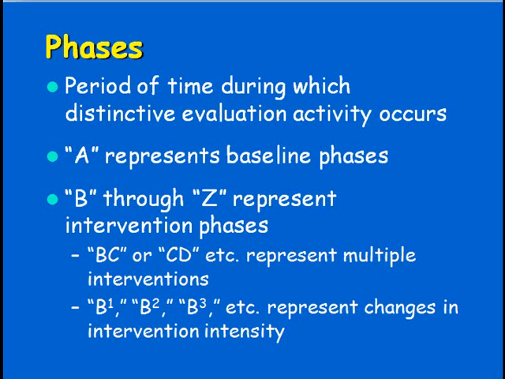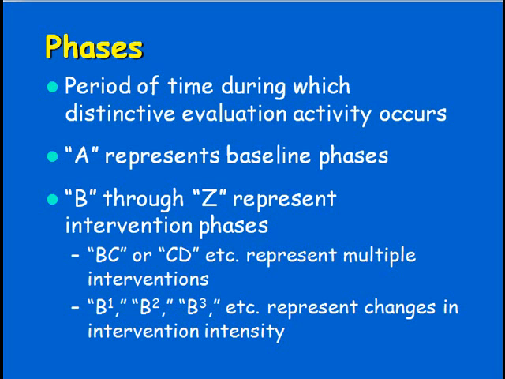So if you have A-B-C, then that would mean your A is your baseline, B is an intervention, let's say cognitive behavioral therapy, and then C would mean that you stopped your cognitive behavioral therapy and then you started a new intervention, let's say some psychotropic medication like Paxil or something.